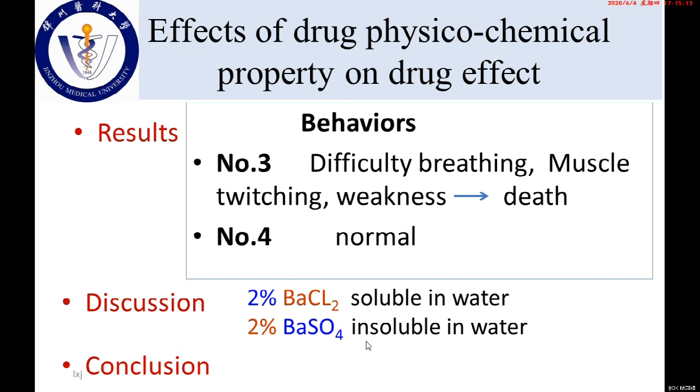Once administered, they will induce some effect. They have an inhibitory effect on the CNS and act on the heart. It can induce arrhythmias. So finally, this drug leads to death.